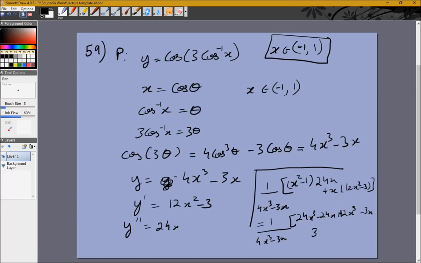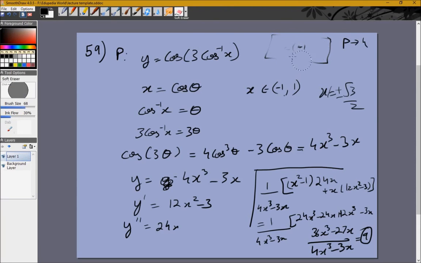So the numerator is 36x cubed minus 27x by 4x cubed minus 3x, and we can see that this is equal to 9. The denominator doesn't become 0 because we are given x is not equal to plus minus root 3 by 2. So the answer to option P is 9, which means P goes to 4.